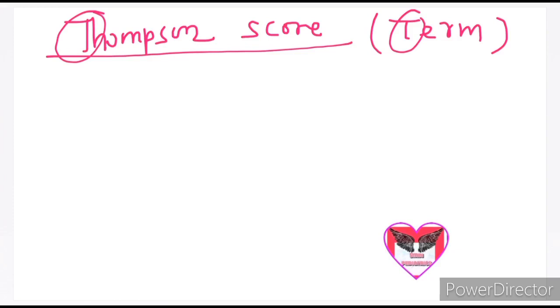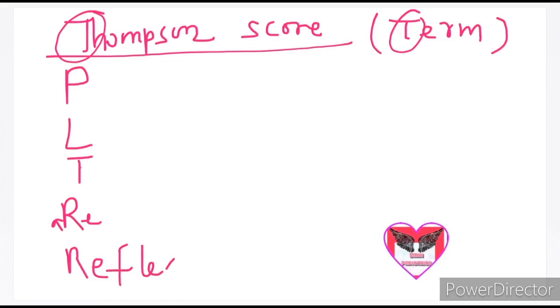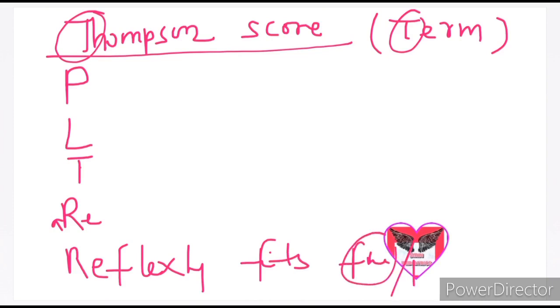Here we have PLT R. We write platelet in short form: platelet R, where R is reflex, fits, and in place of find put fontanelle.